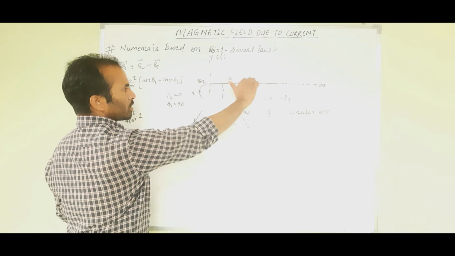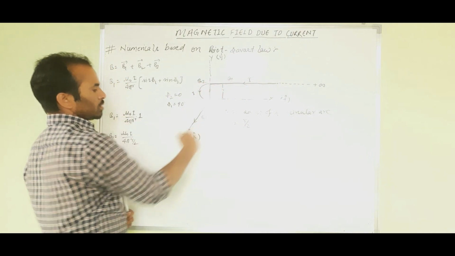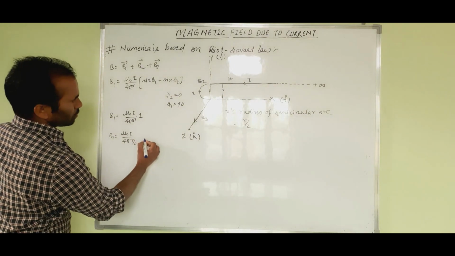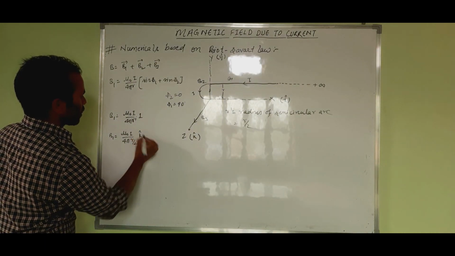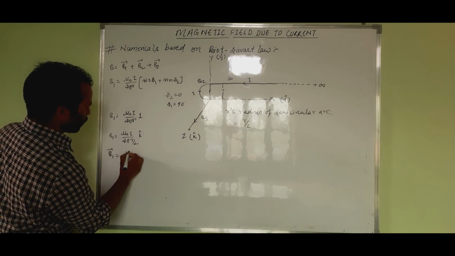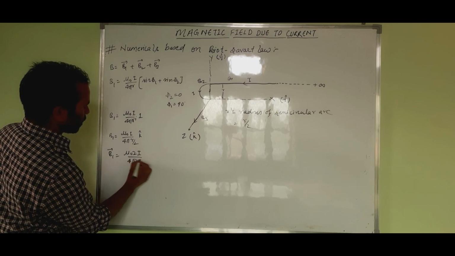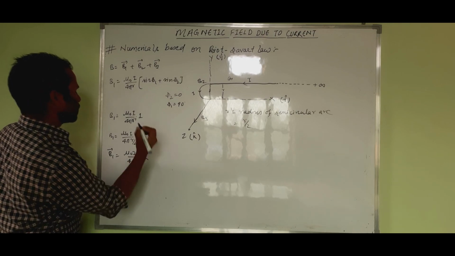According to the right hand thumb rule, the magnetic field direction will be toward the positive z axis, which is k, so we can write this as mu naught 2I upon 4 pi r into k unit vector.